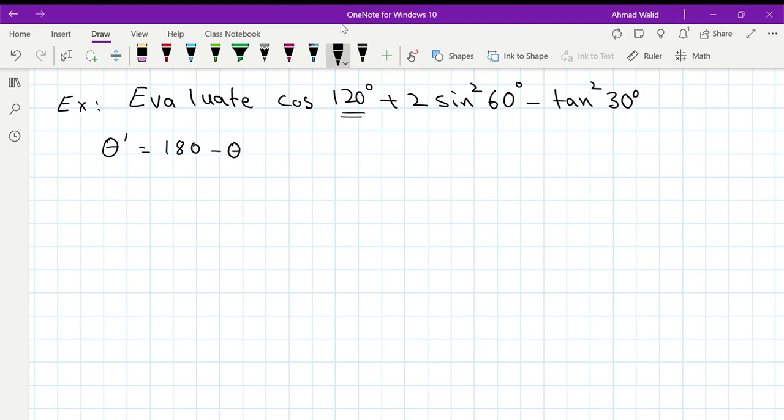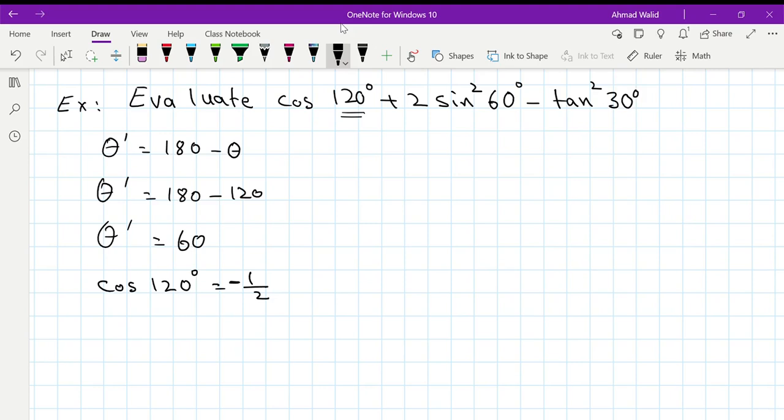That means your theta prime is 180 minus 120, which is 60. And cosine of 120 equals the cosine of 60. Cosine of 60 is 1/2. But you are in quadrant 2, so you should just fix the sign: negative 1/2.